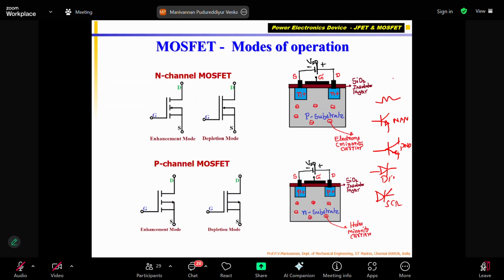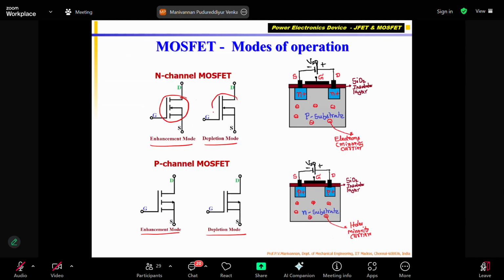This is a resistor, capacitor, inductor. Like this, you can identify. How will you identify these four: enhancement mode N-channel MOSFET, depletion mode N-channel MOSFET, enhancement mode P-channel, or depletion mode P-channel? By seeing this symbol. Please see that. Generally it may look like this. Sometimes they put a circle around it also, like this.